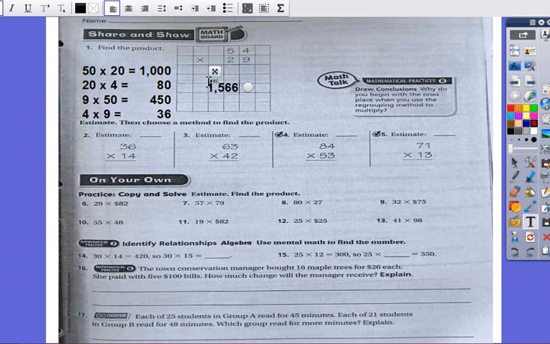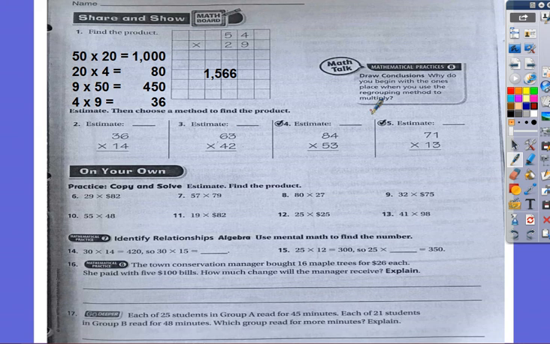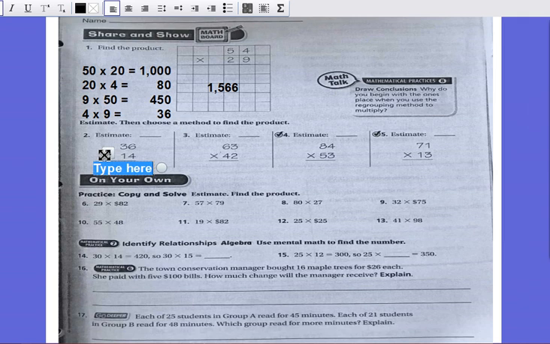Alright, what I want you to do is just keep practicing, you guys. I want you to do 2 through 5. I'm going to give you the answers for these, and I just want you to make sure that you get to these answers. Don't forget to estimate first. Like I said, I better not just see answers on here. There better be some work that goes with it.